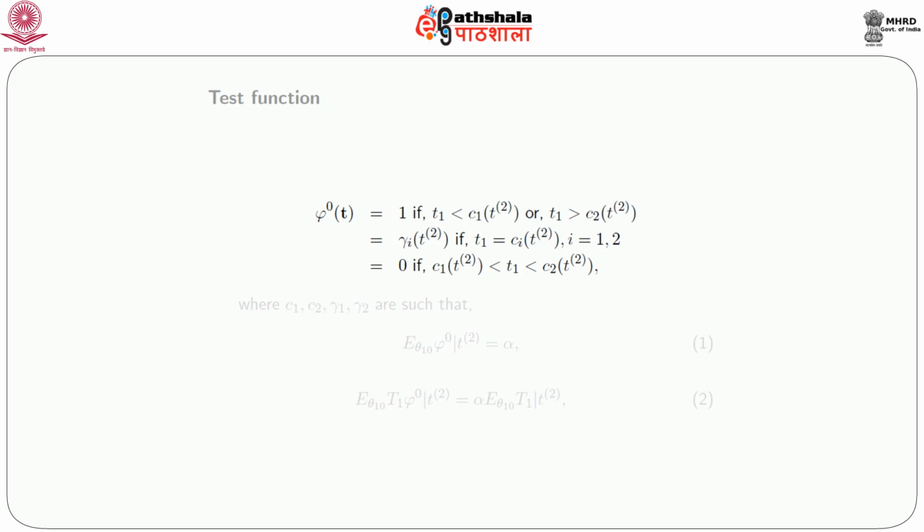Here c1 and c2 are functions of T2. It equals gamma_i(t2), where gamma is a function of T2, if t1 equals c_i for i equal to 1, 2, and equals 0 if t1 lies between c1 and c2, where c1, c2, gamma 1, gamma 2 are such that the expectation of phi naught under theta 1 naught given t2 is equal to alpha, and the expectation under theta 1 naught of t1 into phi naught given t2 is equal to alpha into the expectation under theta 1 naught of t1 given T2.